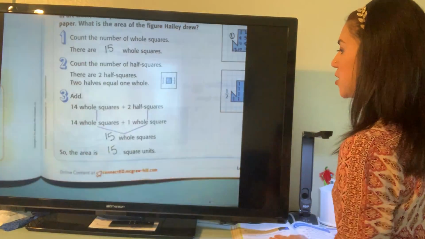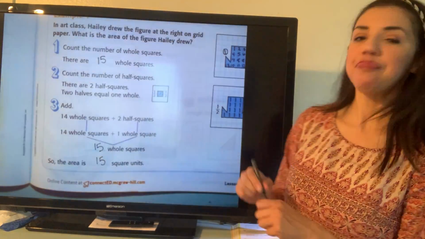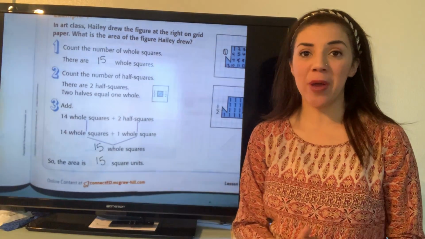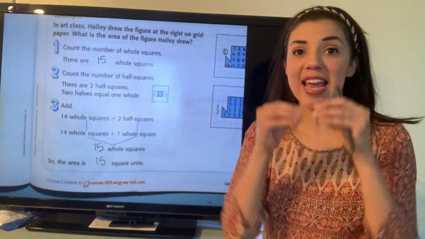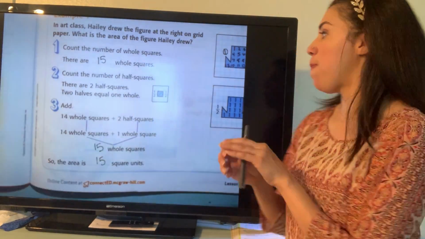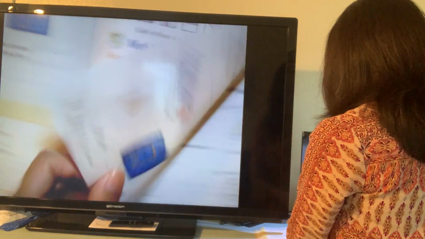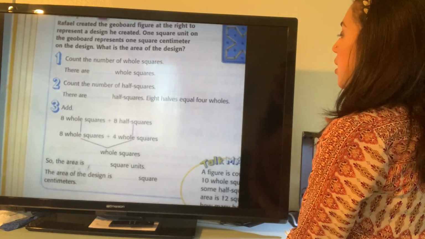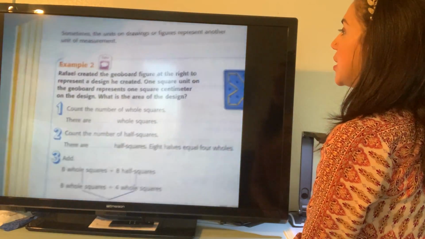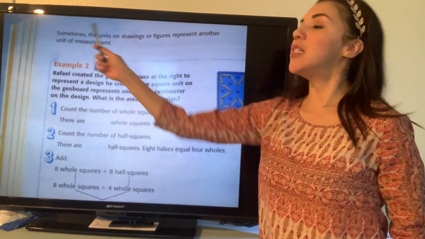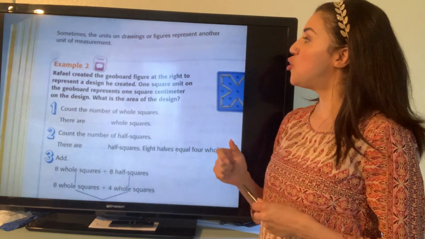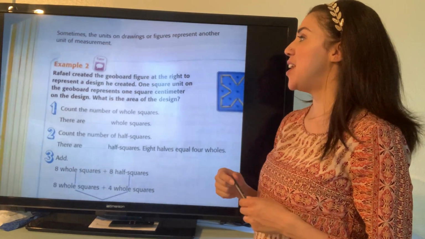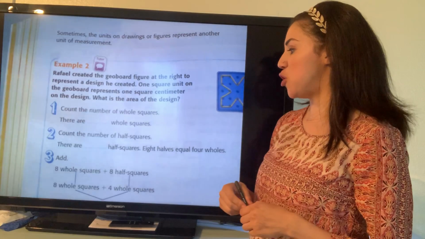Let me get this back to how it was. Okay, so in area, we count the number of squares on the inside of the figure. So go ahead and turn your page. Okay, so I'm up here. Sometimes the units on drawings or figures represent another unit of measurement.